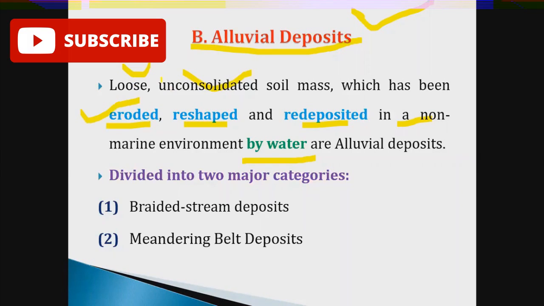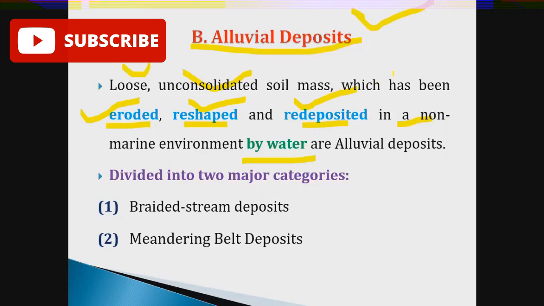In this process, the water will first do the erosion, then reshaping. When the water currents take the soil particles, the particles may collide with each other along the way, in which case their shape will change because they will be broken down into different shapes and pieces, and they will be redeposited in a different way.